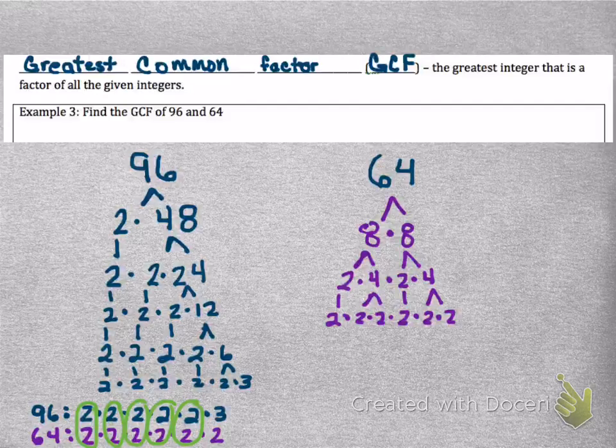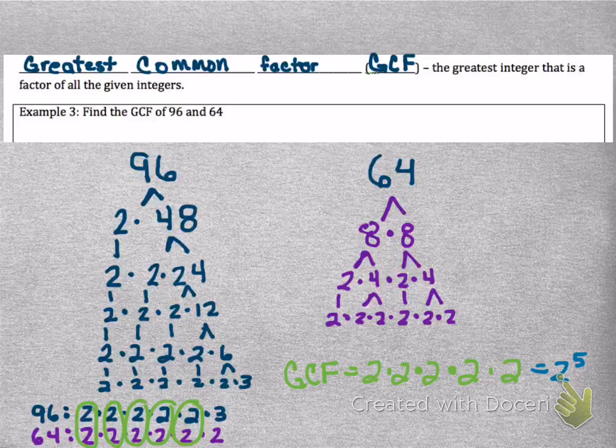And so my greatest common factor is those 5 factors of 2 multiplied together, which you could write as 2 to the 5th, and I get 32. So the greatest common factor is 32.